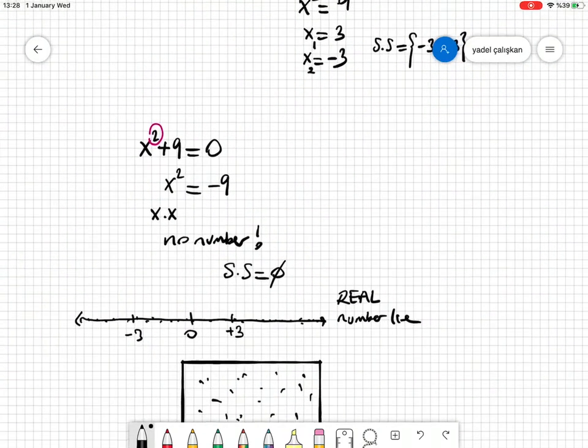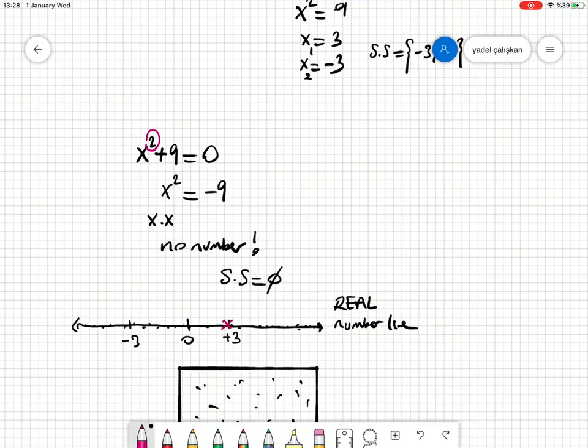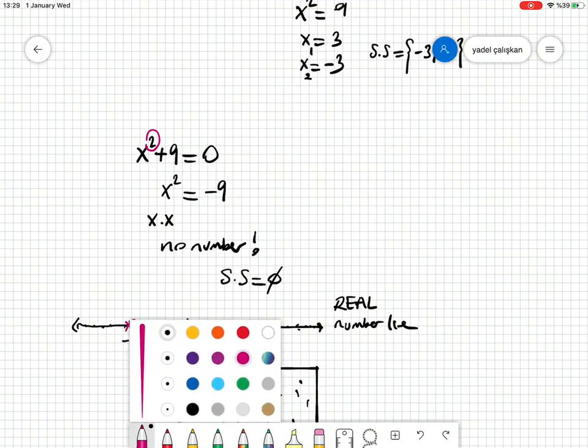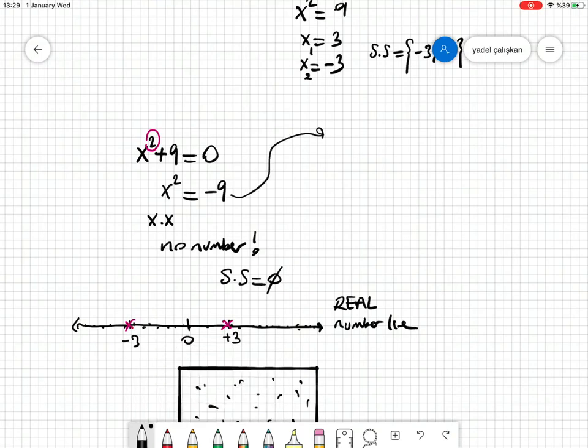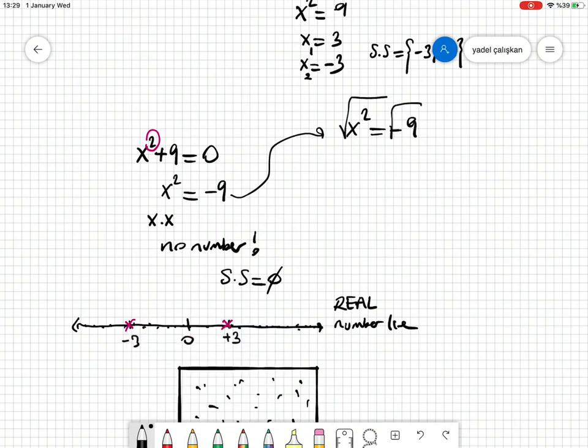In the 19th century, equations like x squared equals minus 9 were very popular to study for many mathematicians, who especially wanted to solve and use these kinds of equations.